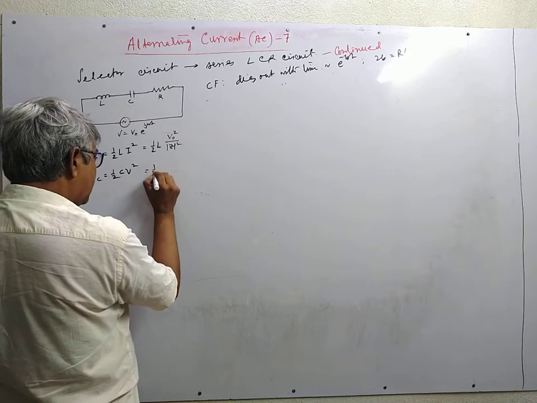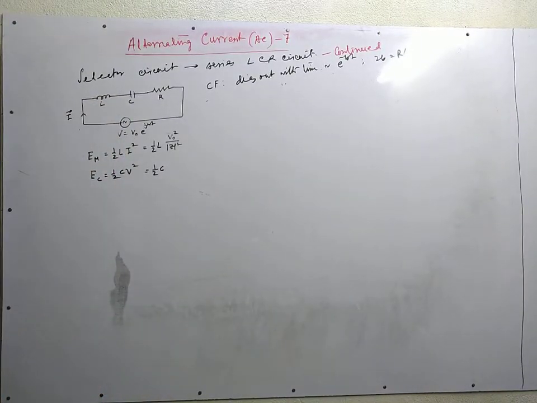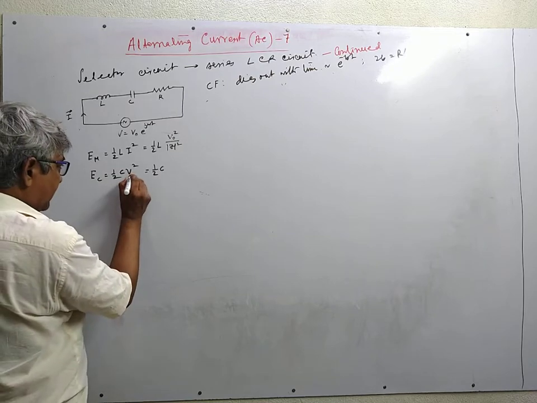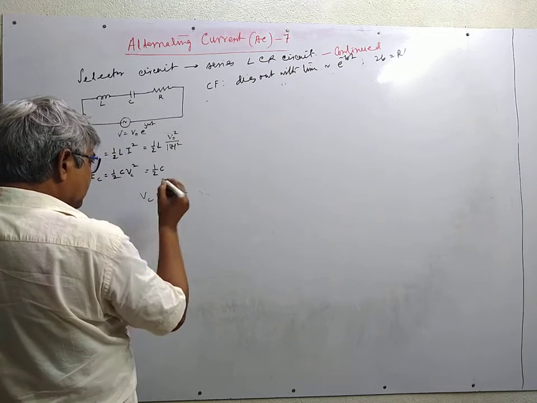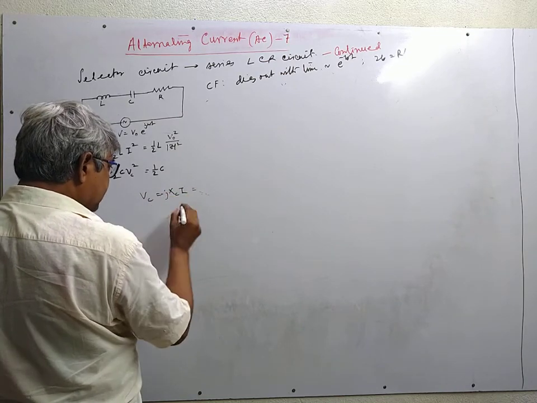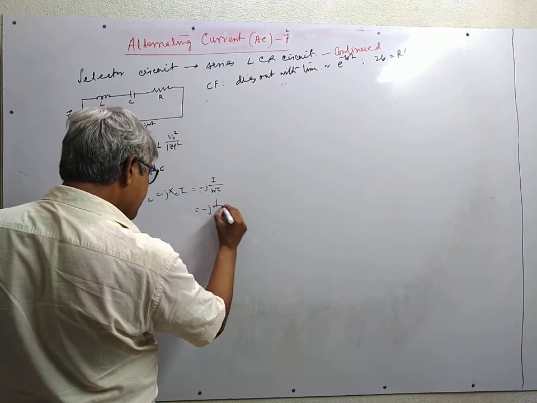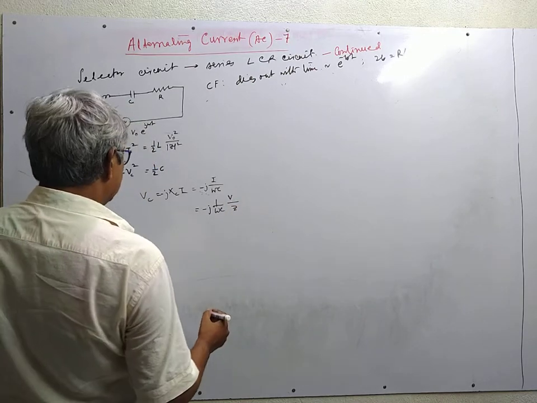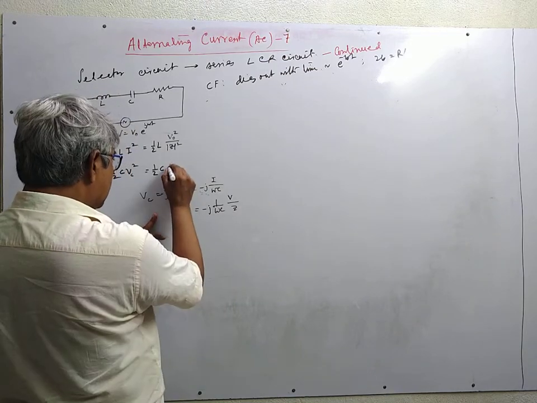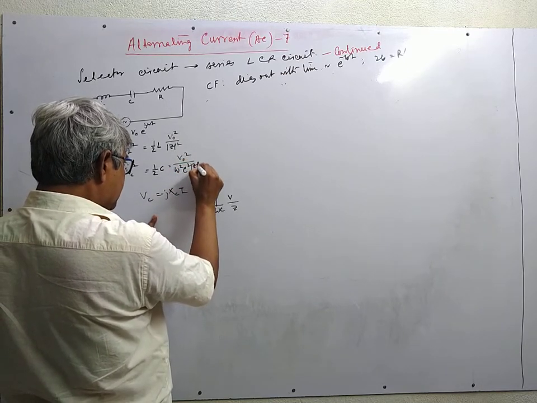So we write half C, and for V square we write Vc square, and Vc is equal to Xc times I. So this is minus j I by omega C, and for I we write the expression, so Vc square is V0 square by omega square C square mod Z square.